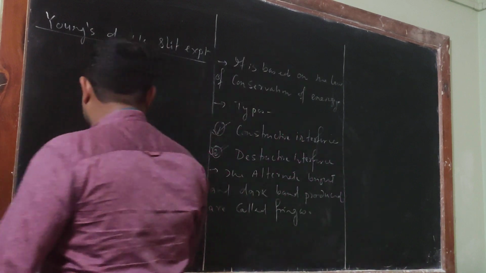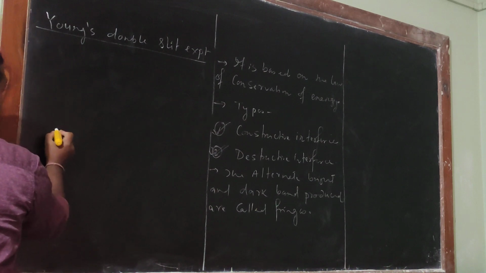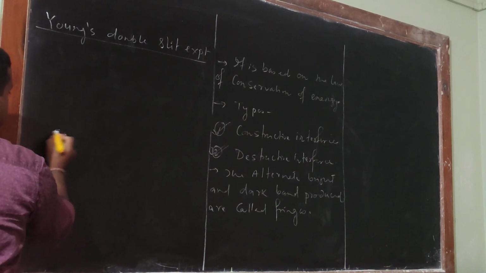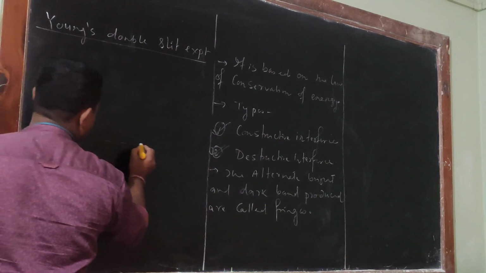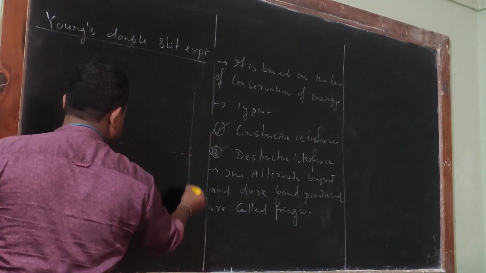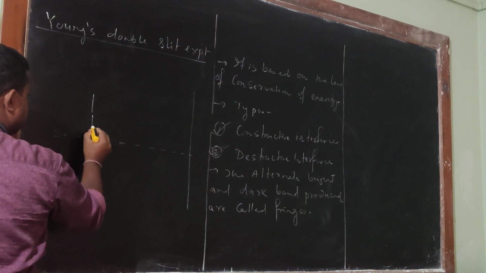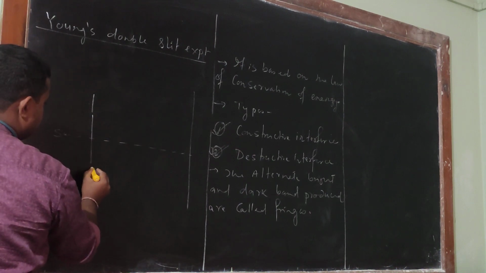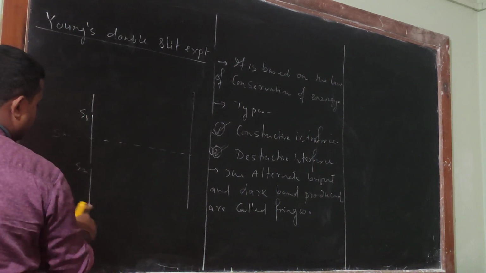So suppose here, this is source, point source S, and here we have 2 slits. So this is S1 and this is S2.